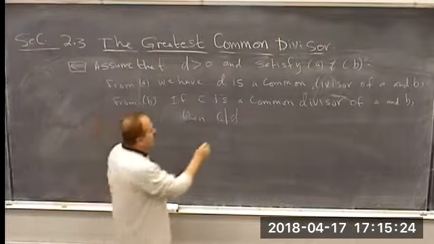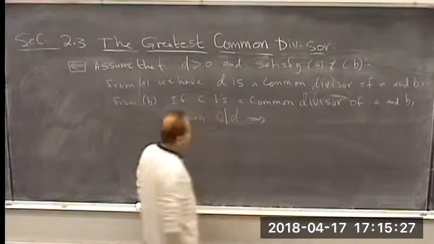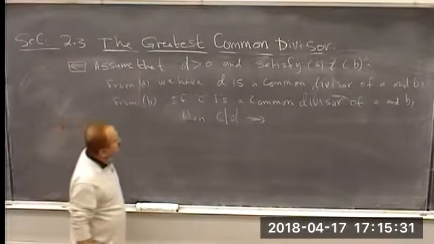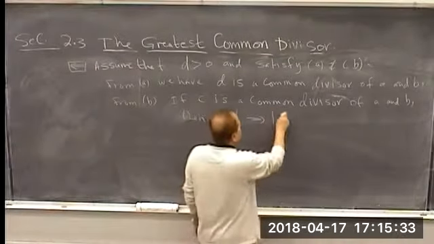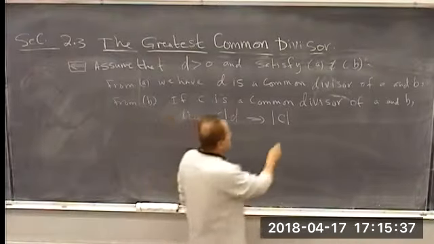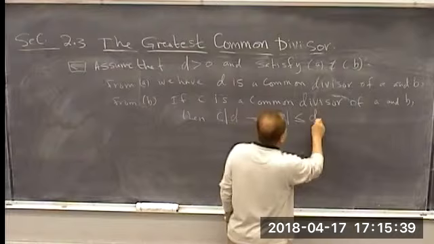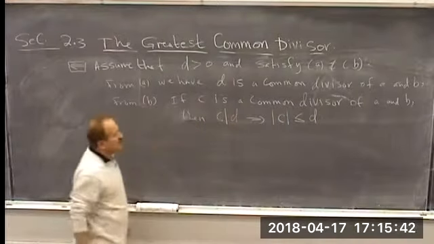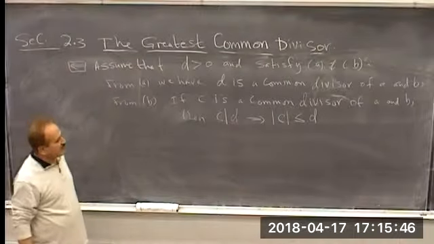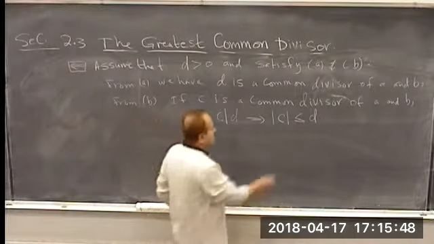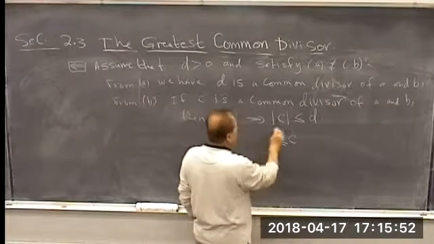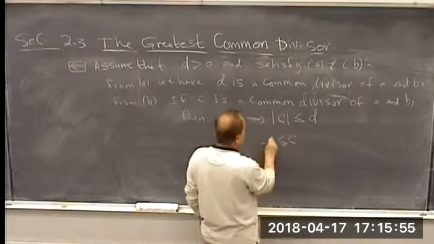Well, this implies that the absolute value of C, because I don't know if it is positive or negative, is less than or equal to D. All right, we proved this. So if something divides, then the absolute value is less. Well, D is a positive number, so we can write this as an absolute value inequality.